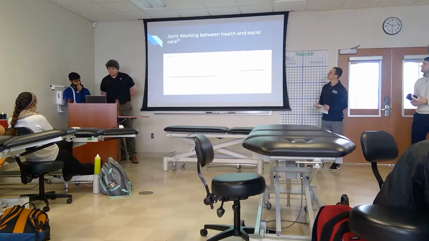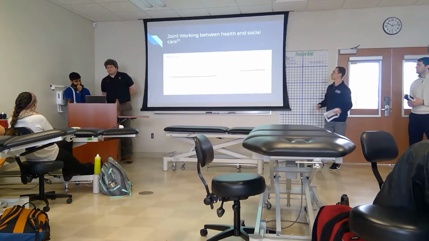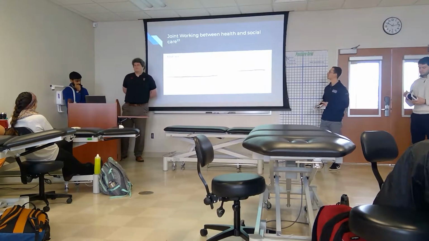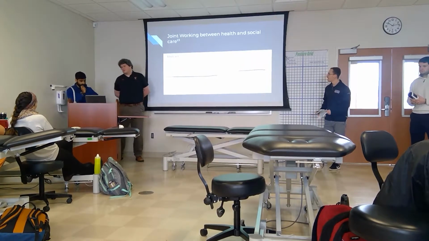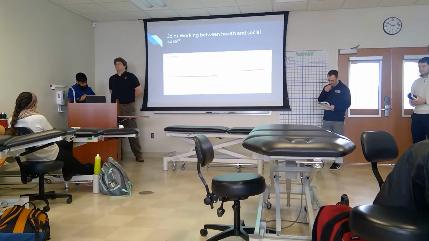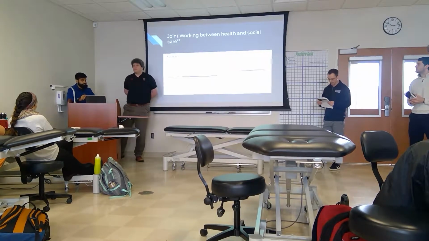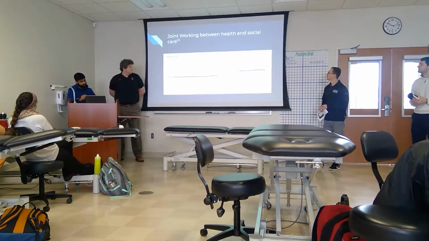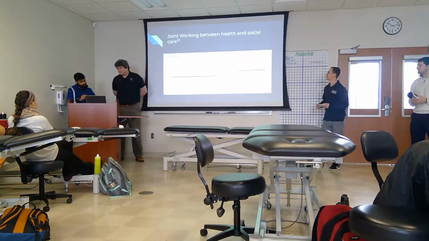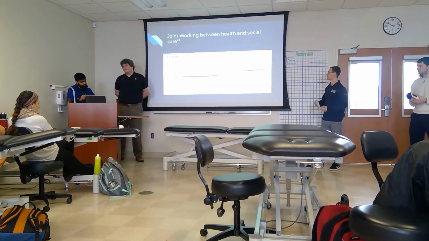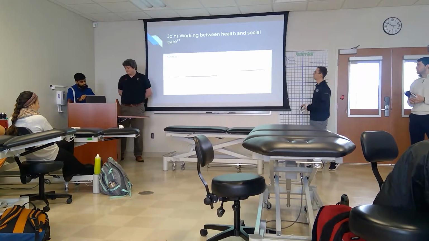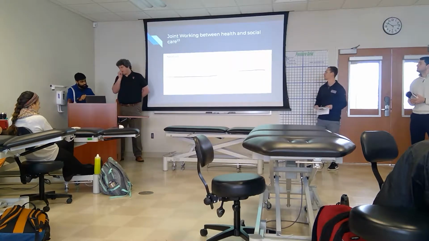Okay, this next one is again talking about joint working between health and social care. This article was made by the NHS in the UK, and it says there is low indication that joint working delivers outcomes.